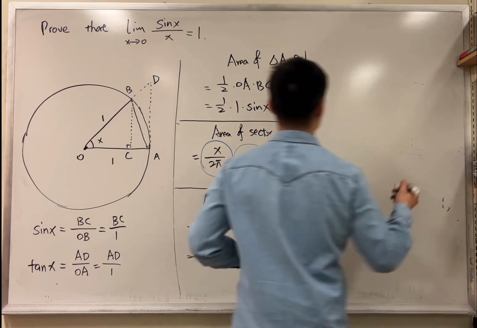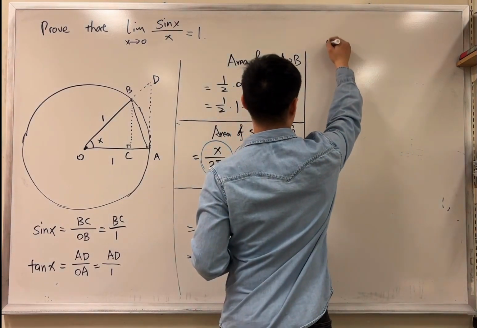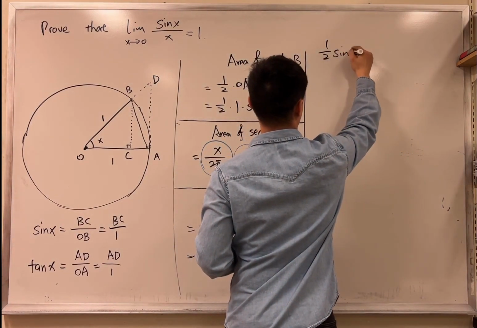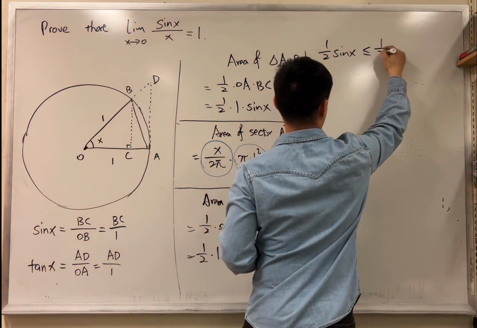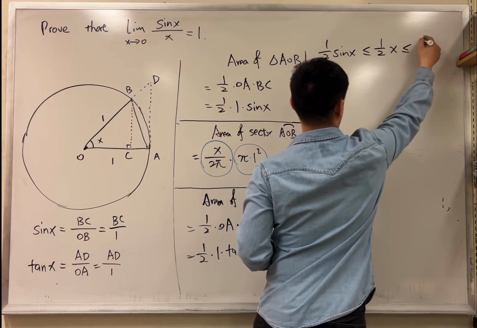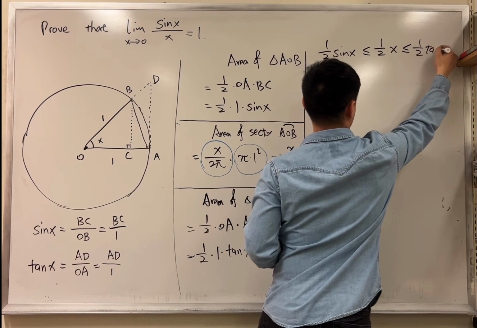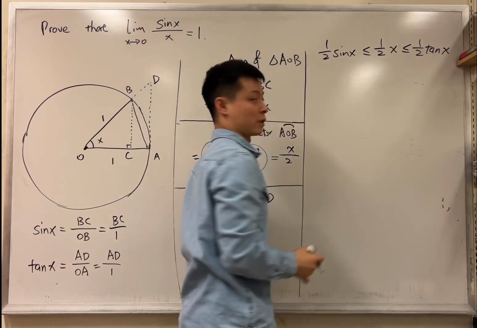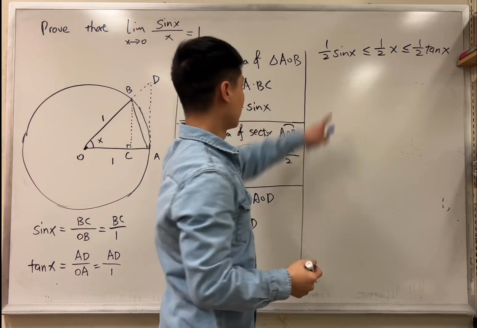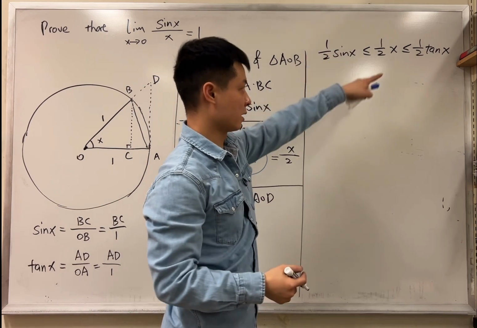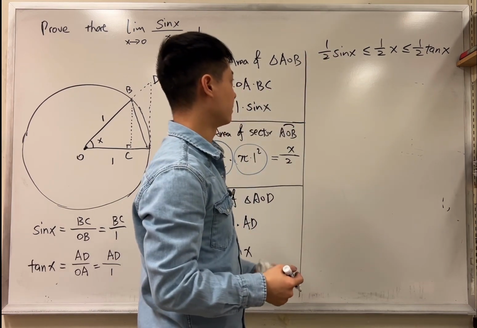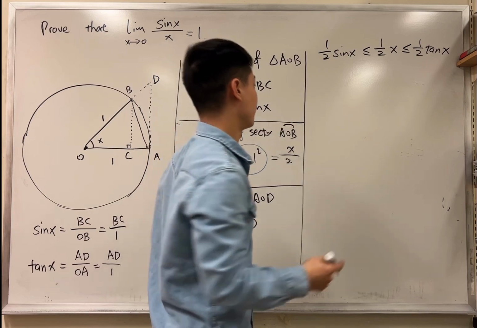So the inequality that we can construct is 1/2 sine x less than 1/2 x less than 1/2 tangent of x, which is exactly what we need. And then we will multiply this inequality by 2 to get rid of the fraction.